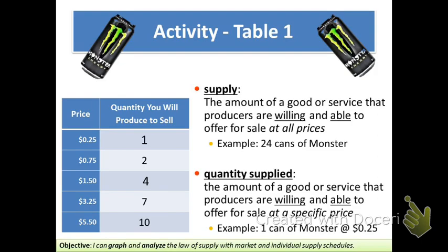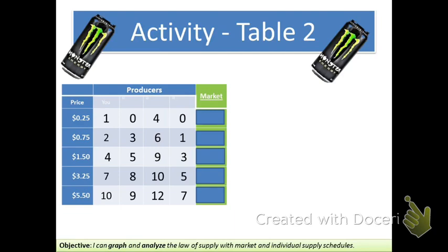And so we can get our first set of key terms. You can pause the video and copy these down. You can also refer to your text for these key terms, supply and quantity supplied. And again, notice the similarity to demand, except that we're looking from the perspective of a producer instead of a consumer. Then we shifted to activity Table 2, in which we did something similar to what we did before with the market demand schedule: we created a market supply schedule.